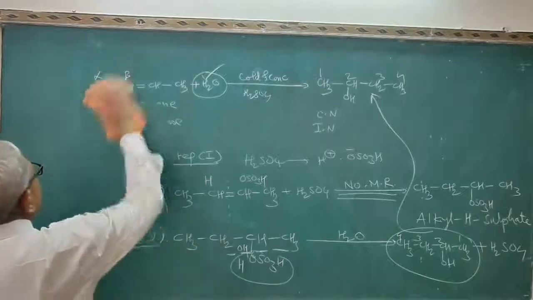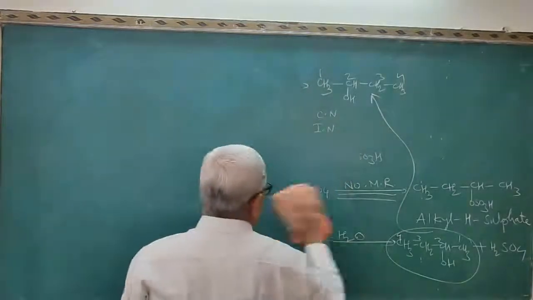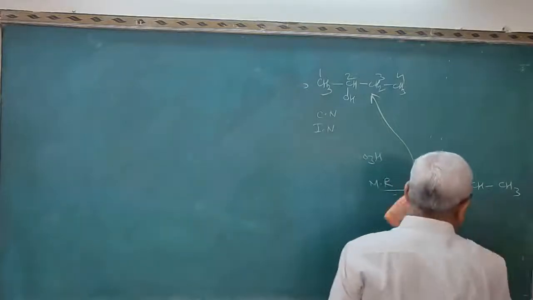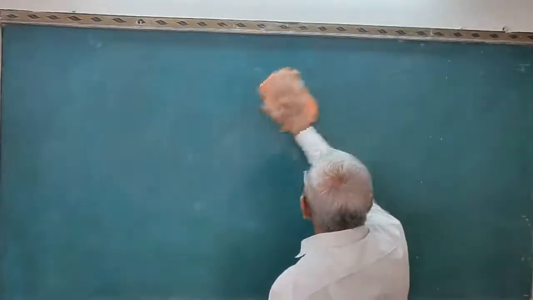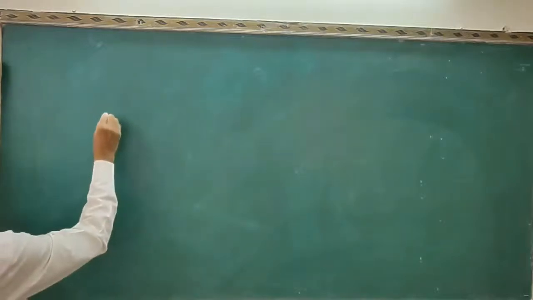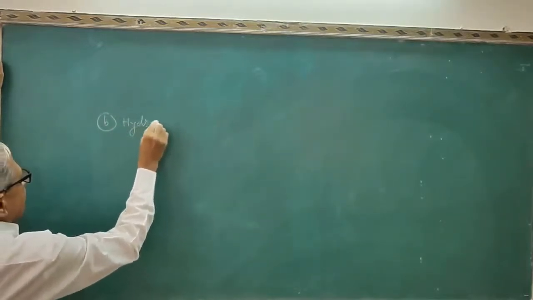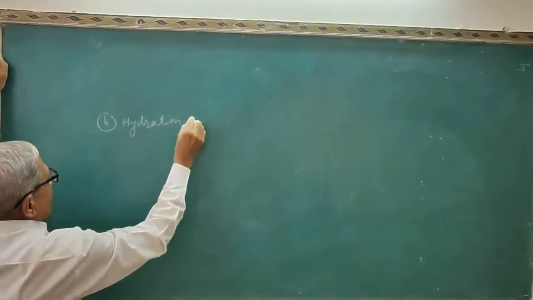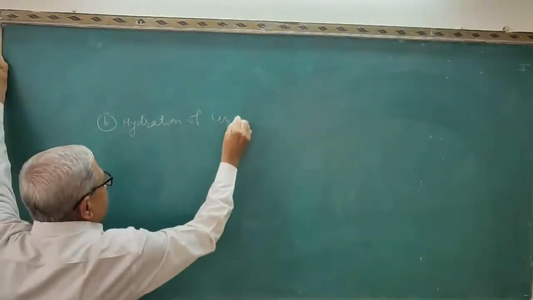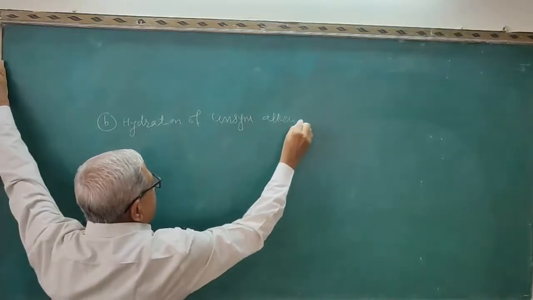Now I will start point B. Which is our point B? Tell me the point B. The point B is hydration of unsymmetrical alkenes.